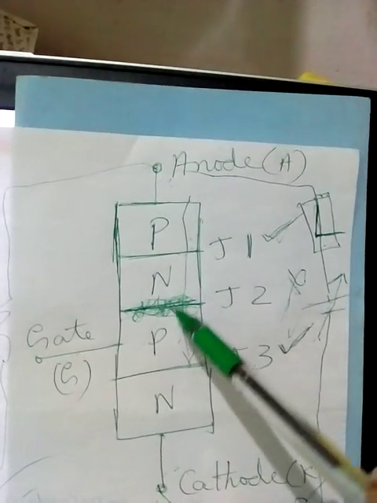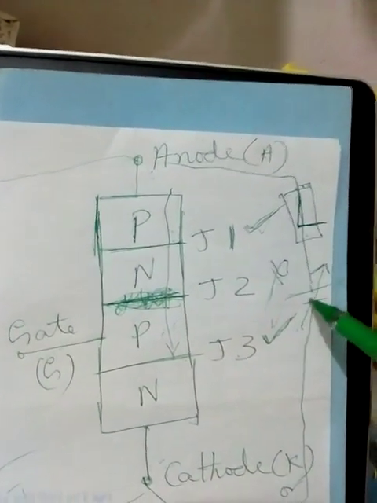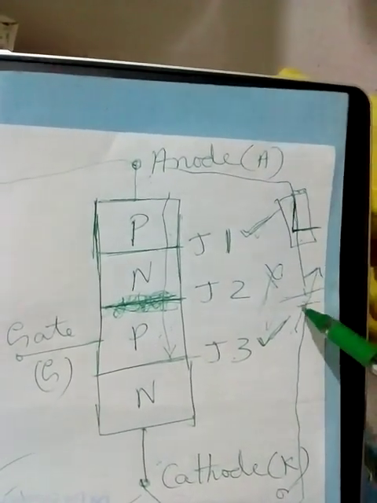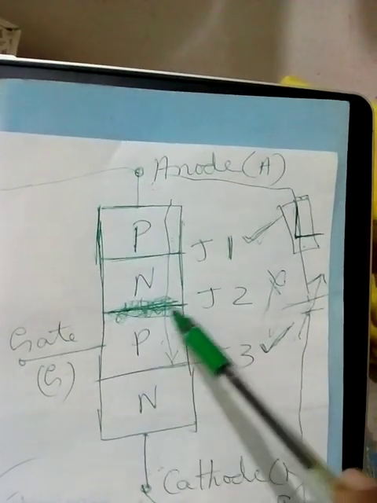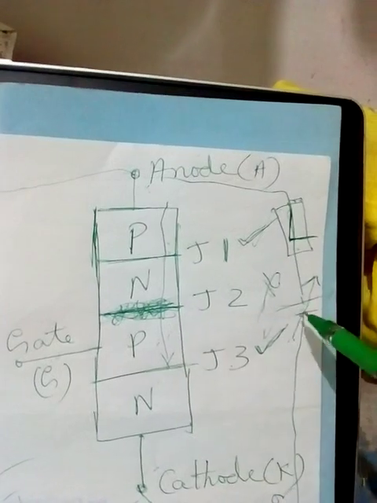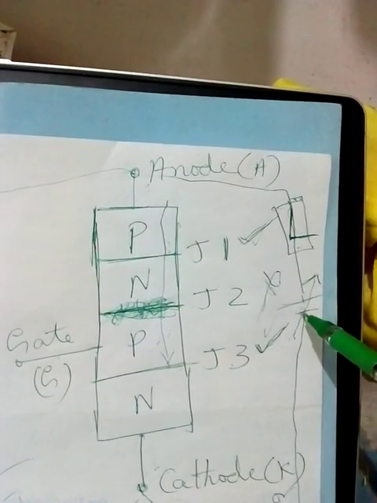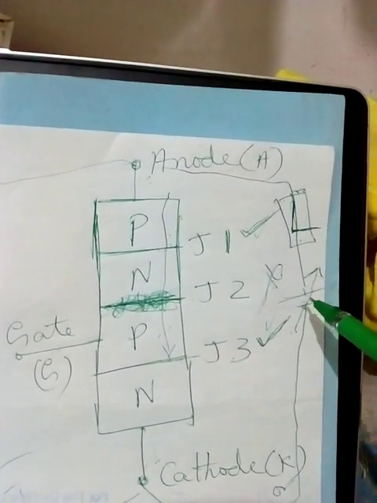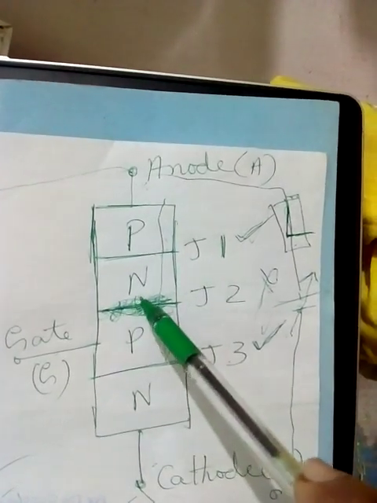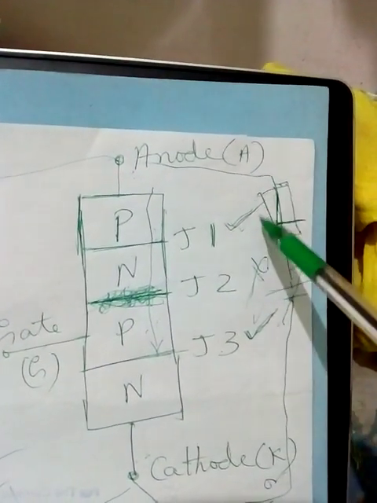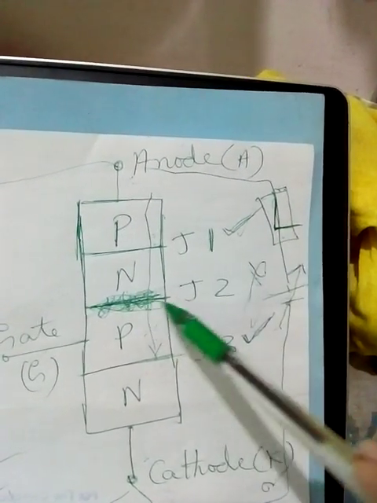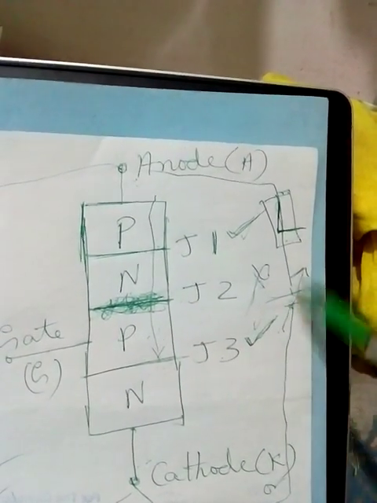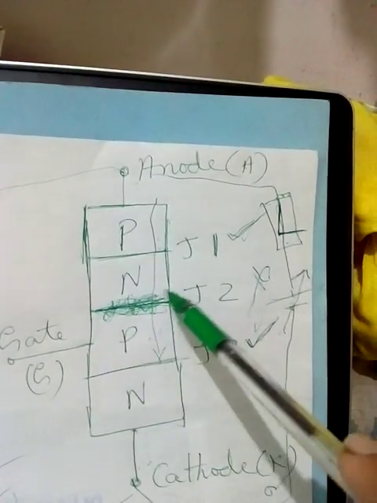During the blocking state, the whole voltage would be taken by this junction. Say this is 230 volts. The 230 volts is taken by this one. There will be no voltage across the load during off state. When the SCR conducts, this junction breaks down.